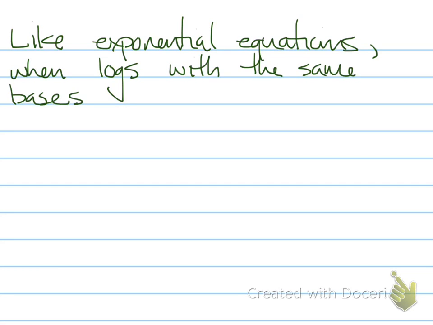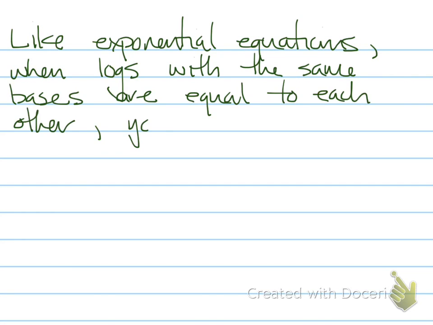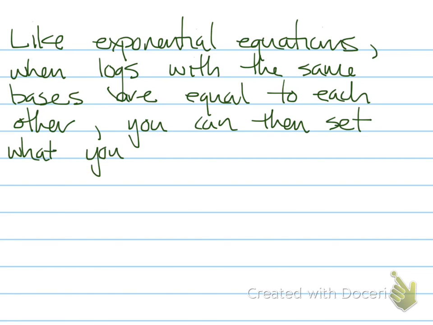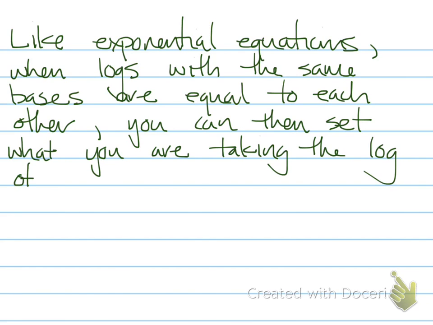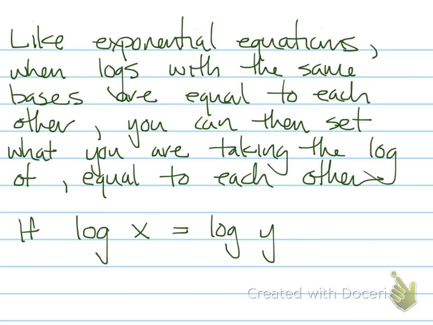Now, like exponential equations, when logs with the same bases are equal to each other, you can then set what you're taking the log of equal to each other. For example, if log base 10, or the common log of x, equals the common log of y, that means that x equals y.